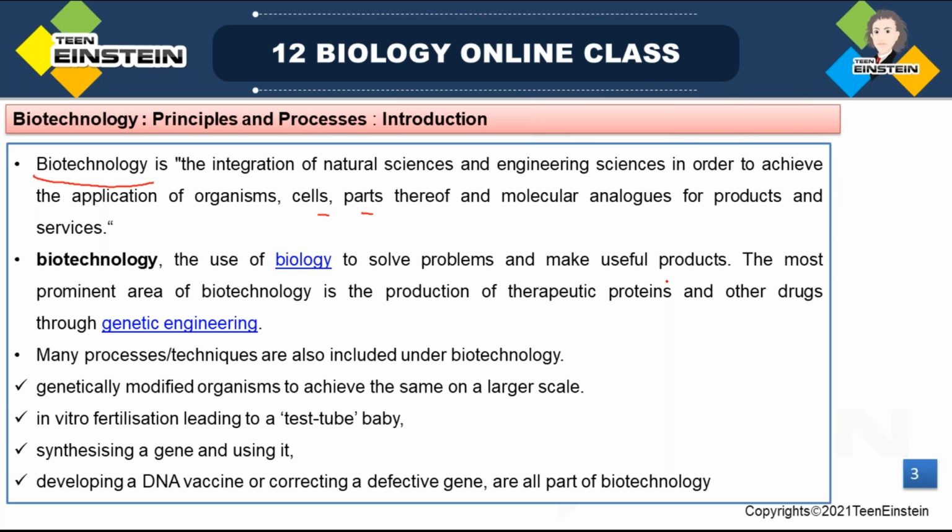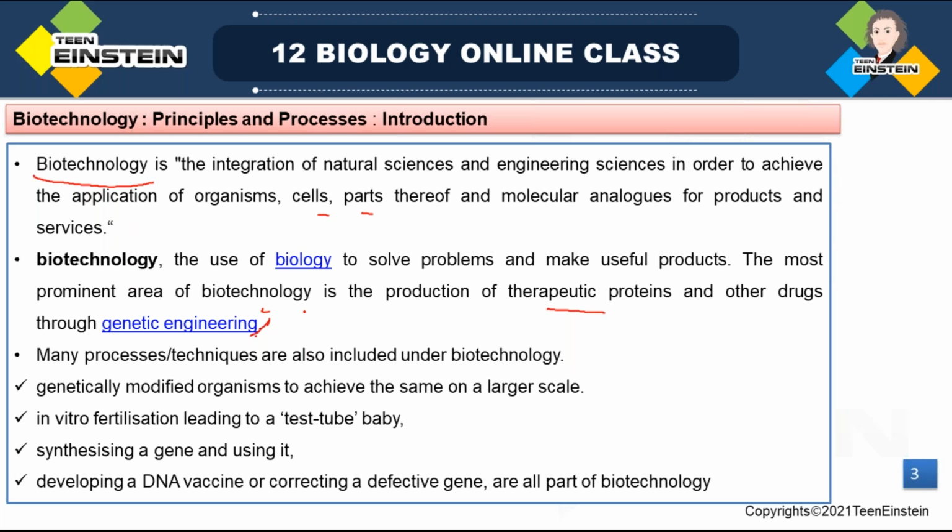Nowadays it's very important. It's a prominent area, and the major products are therapeutic proteins and drugs made with the help of genetic engineering. Mainly vaccine production and other drugs all come under biotechnology.